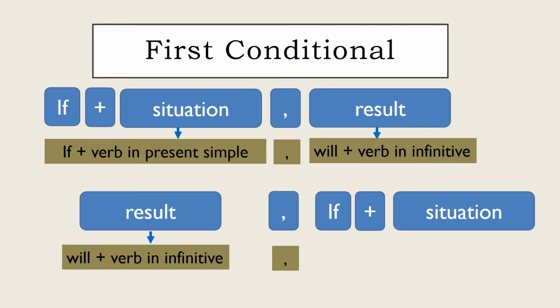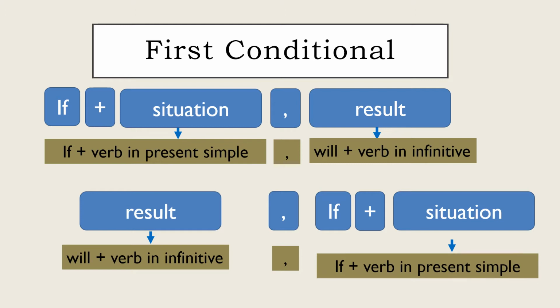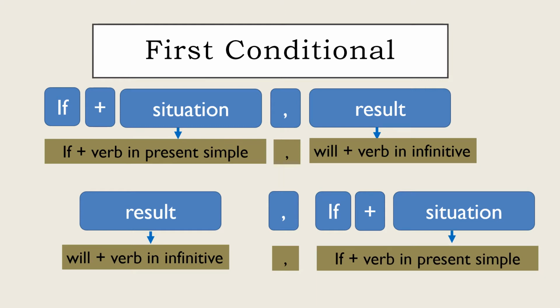Tambah dengan verb dan kata kerja dalam bentuk asal dia. Followed by the situation, if plus verb in present simple. Kemudian baru diikuti dengan situasi di mana kita masih lagi gunakan if jika sebelum situasi tambah dengan kata kerja di dalam present simple. Note that we don't use comma before the situation. Dalam ayat ni kita tidak lagi meletakkan comma.